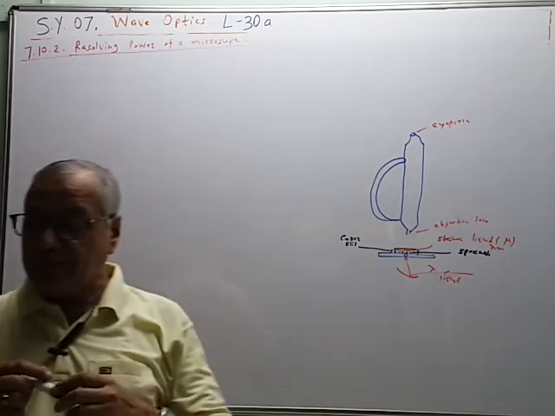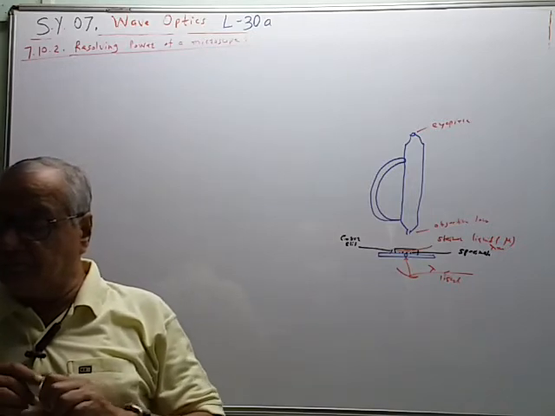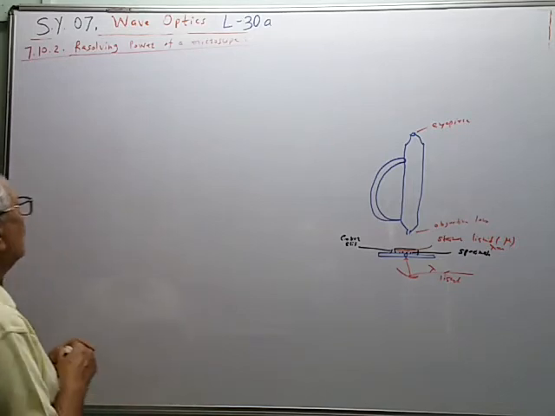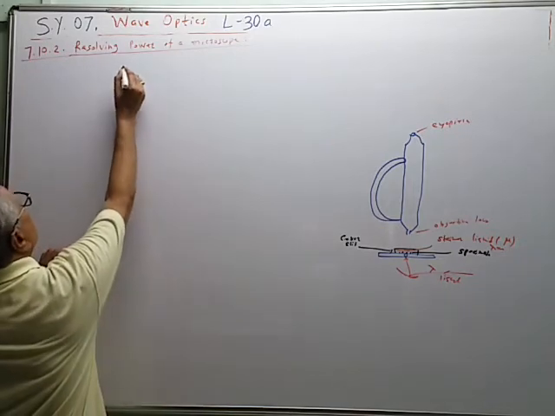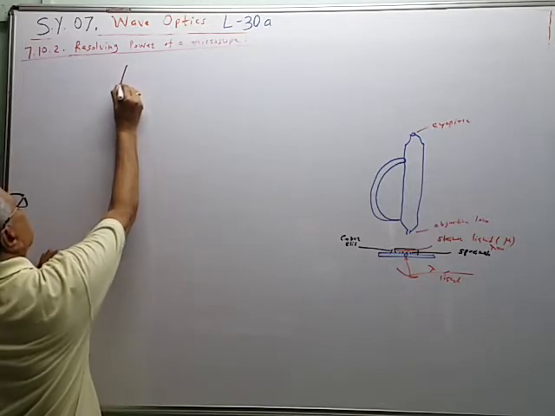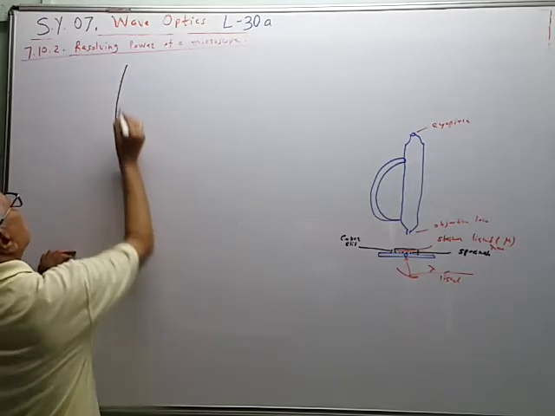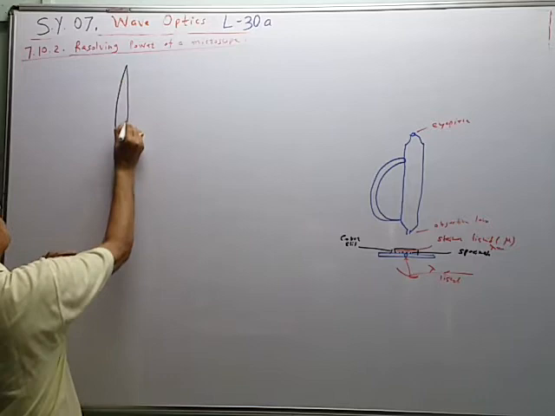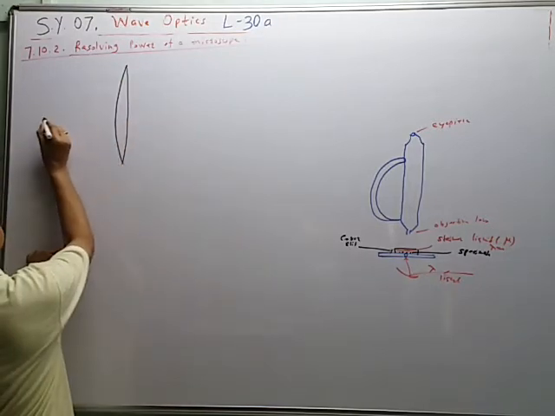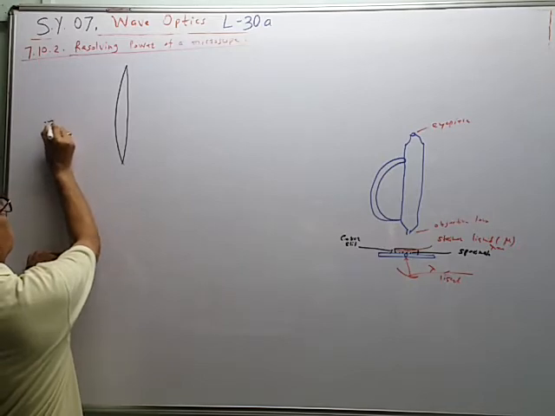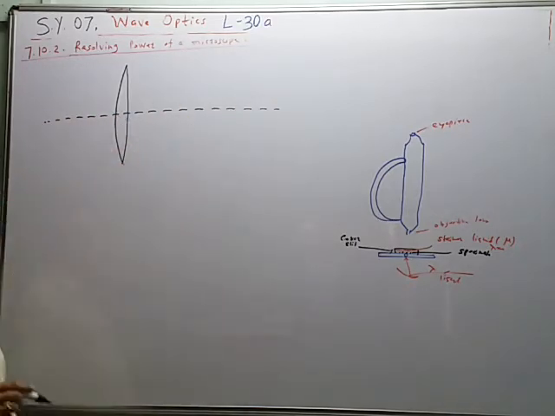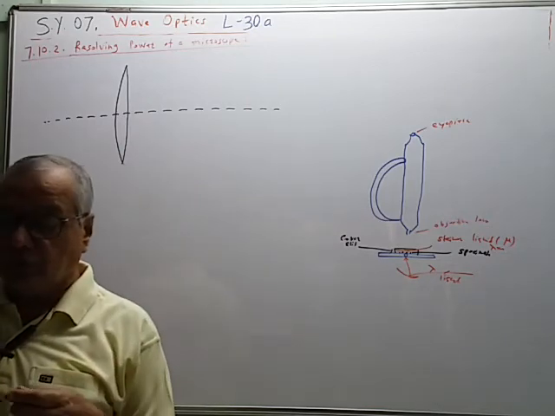So the arrangement is like this. We are using two objects, O1 and O2. So this is the objective lens of a microscope. This is the principal axis passing through the optic center, like this.